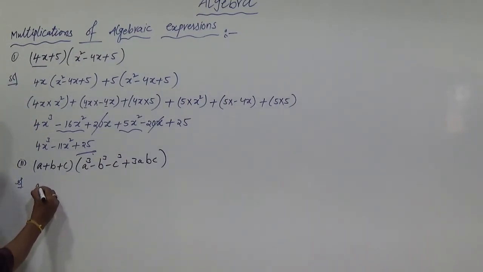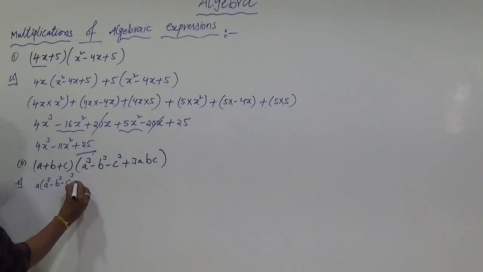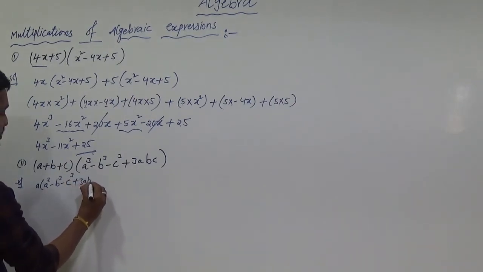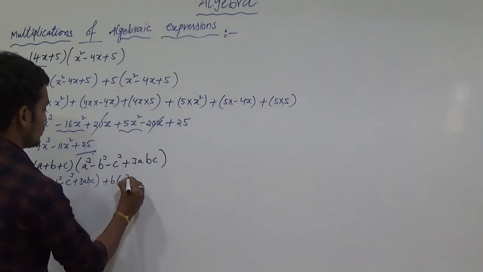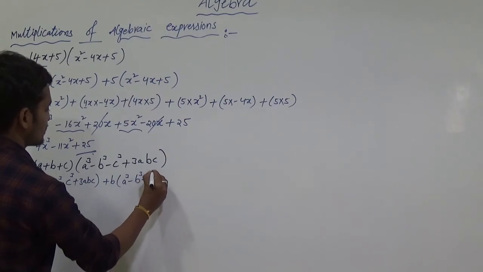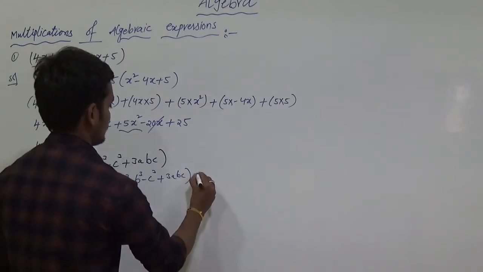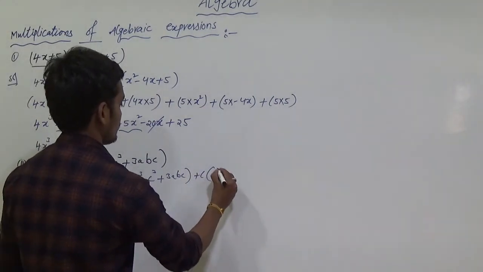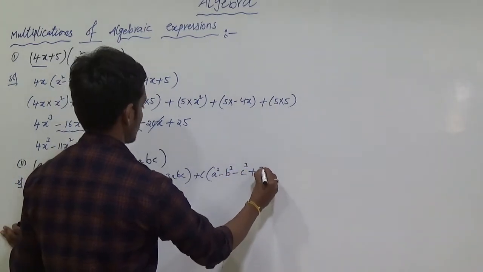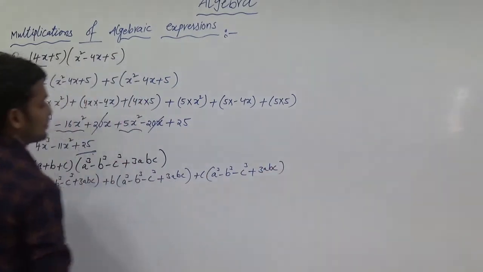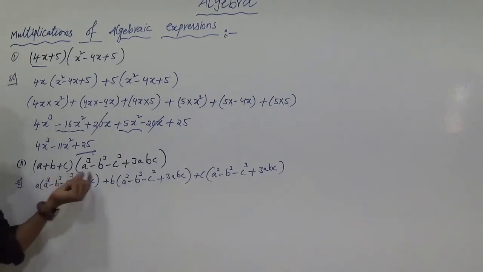First step, we write a into a cube minus b cube minus c cube plus 3abc, plus b into a cube minus b cube minus c cube plus 3abc, plus c into a cube minus b cube minus c cube plus 3abc. Observe what I wrote: a into whole plus b into whole plus c into whole.